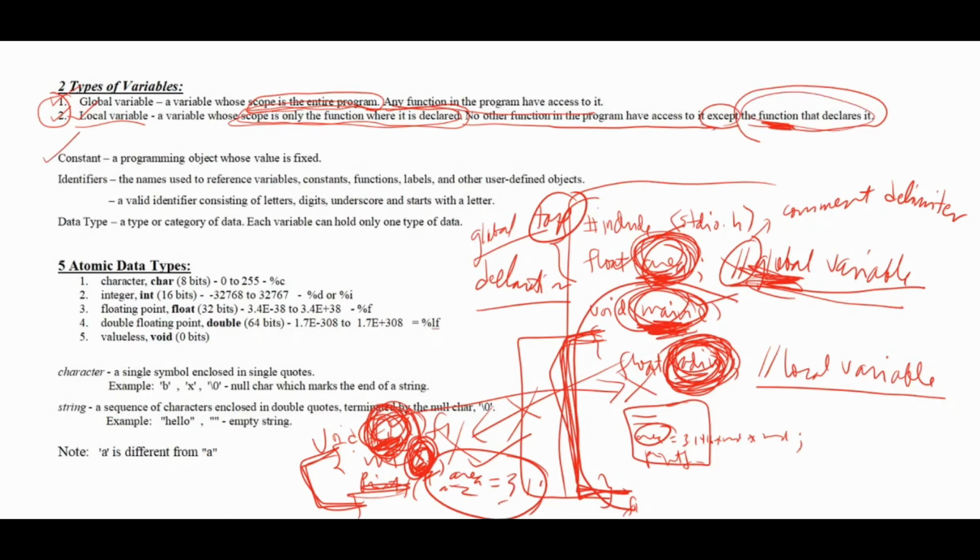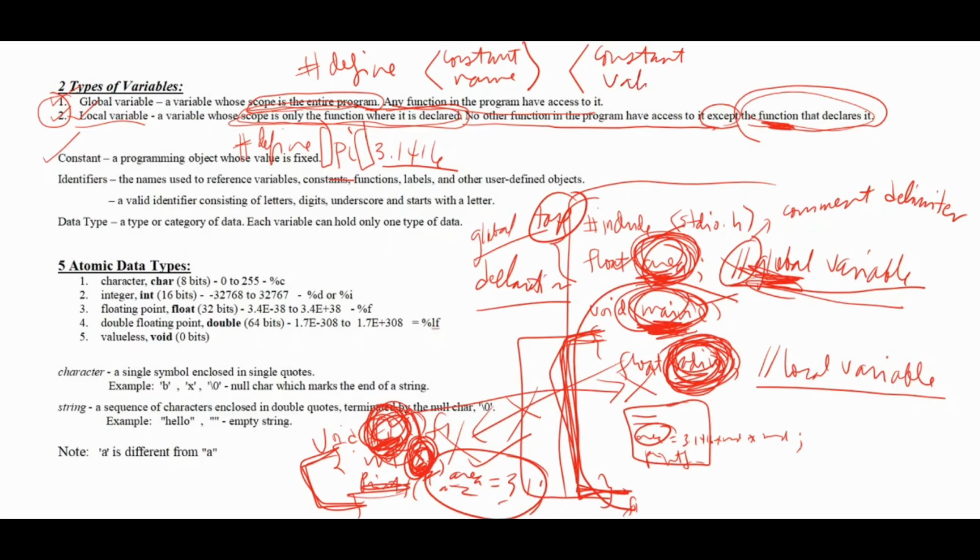Now, a constant is a programming object or container whose value is fixed, like our pi with the value 3.1416. We declare it this way: #define pi. Okay, we have one or more spaces, and then the value. So the syntax for declaring a constant is this symbol, and then the keyword define, and then the constant name, space, and then the constant value.